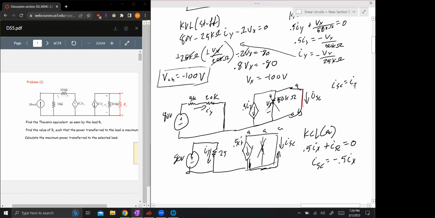So what's the voltage across something that has no current flowing through it? It's a bypassed resistor, right? So the VX would be 0. Even if we did this with an equation, right? Let's say V equals IR, your current is 0.